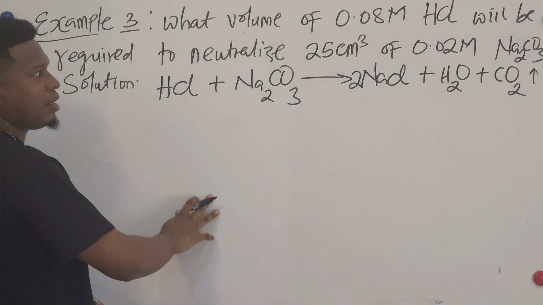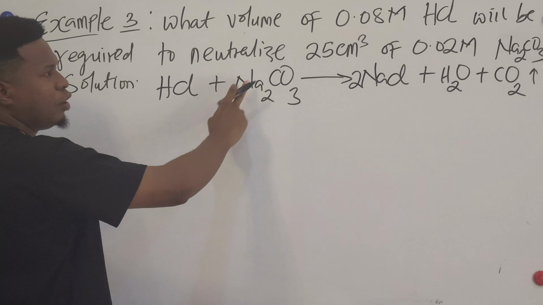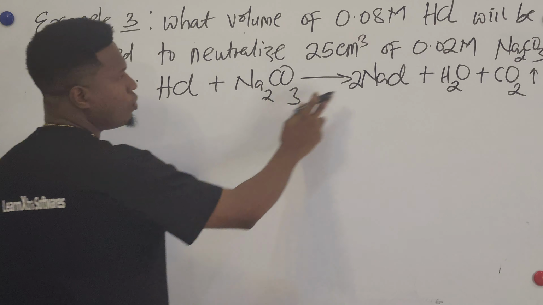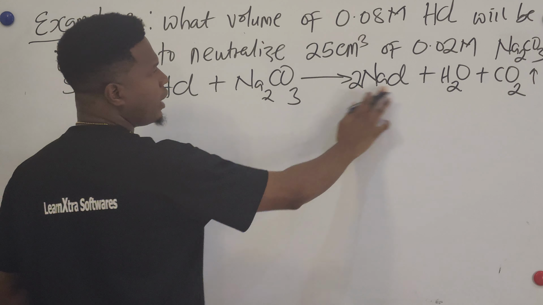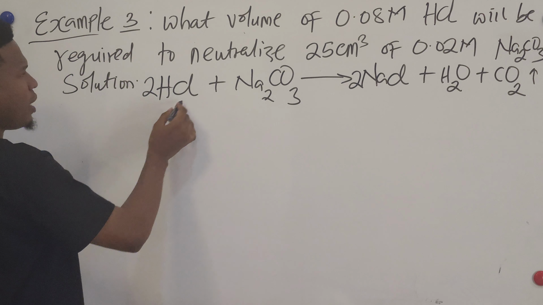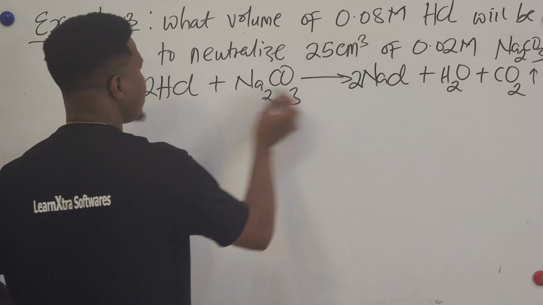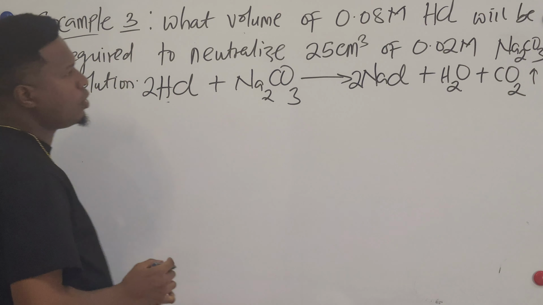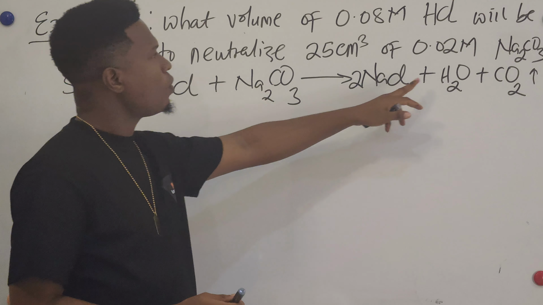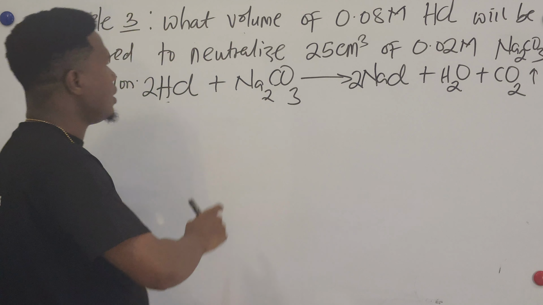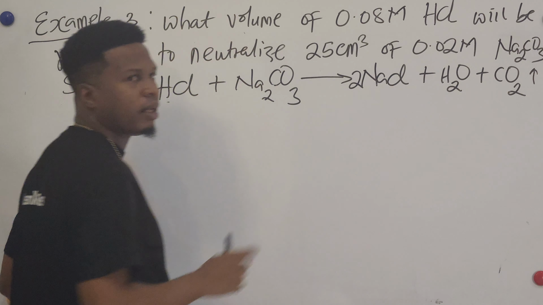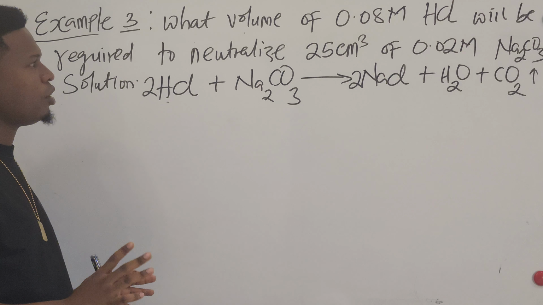Balance the metal first, then the non-metals, and hydrogen and oxygen last. The metal is 2 here, so chlorine is 2. How many should I put here? 2, because I have 2 of this. Hydrogen is now 2. Carbon is 1, balanced. Oxygen is a total of 3 here, and we have 1 plus 2, which is 3. So the equation is balanced.